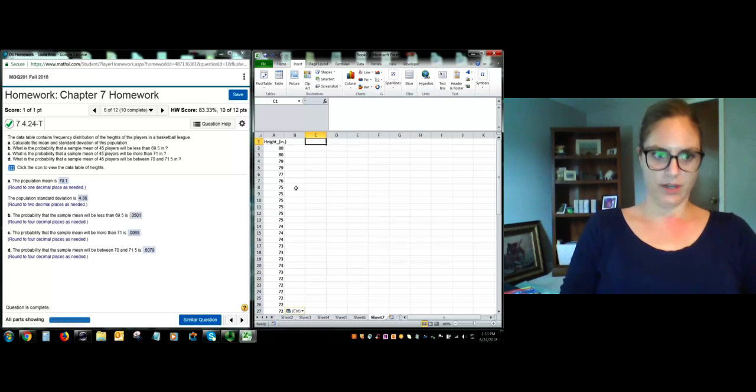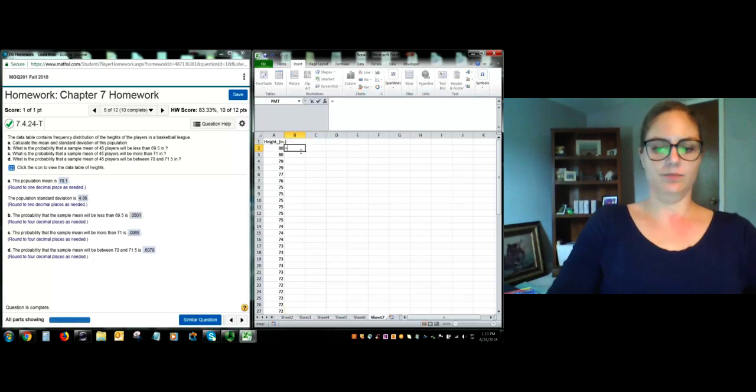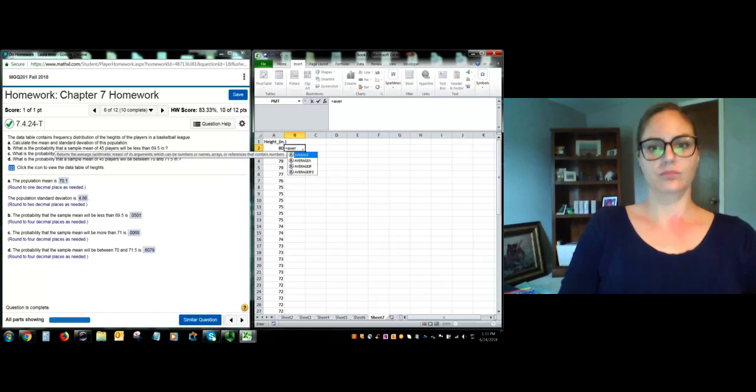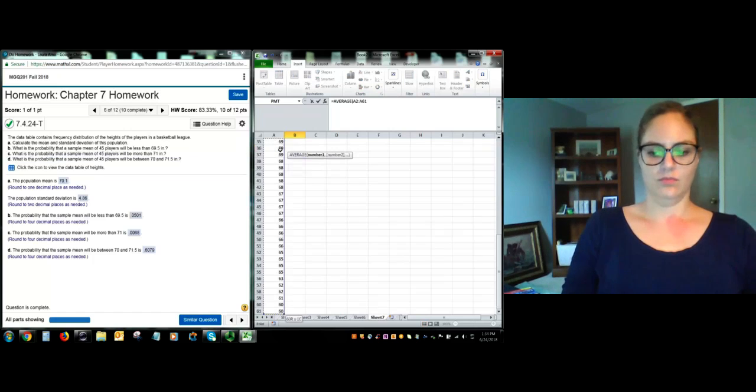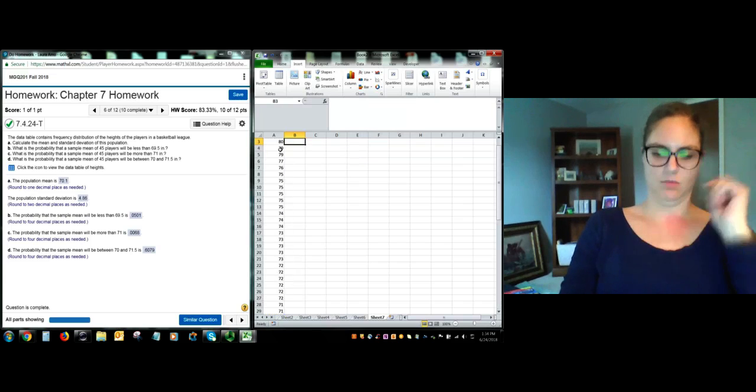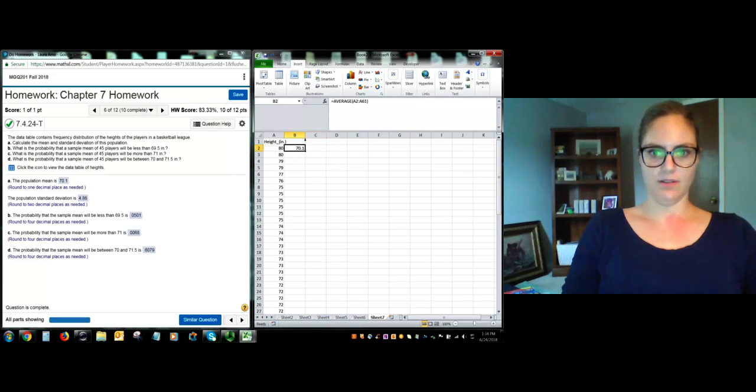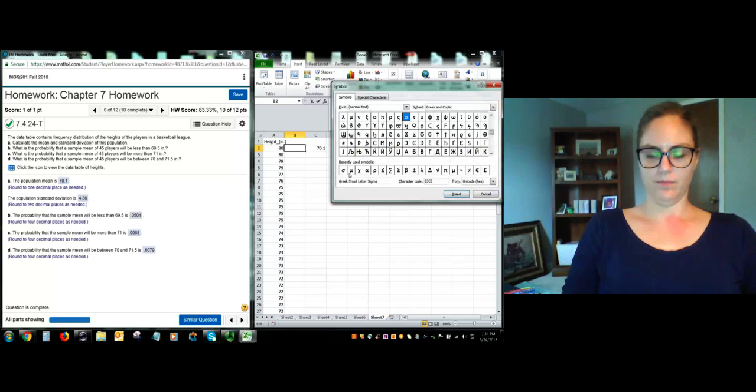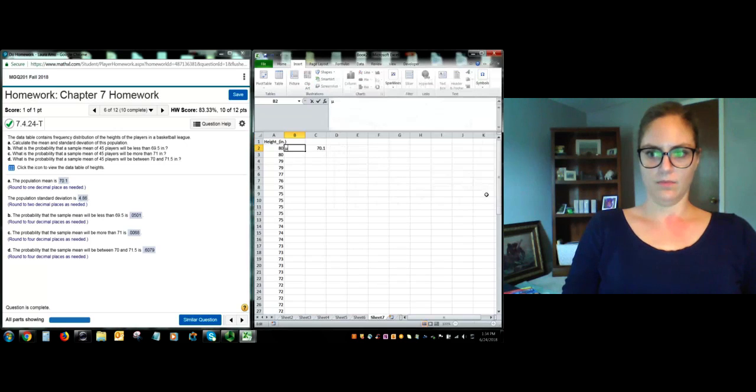Part B, 45 players. The population mean is given by this, and we see at the bottom that we've got 60 players in this particular league. So this is mu, and that's 70.1.